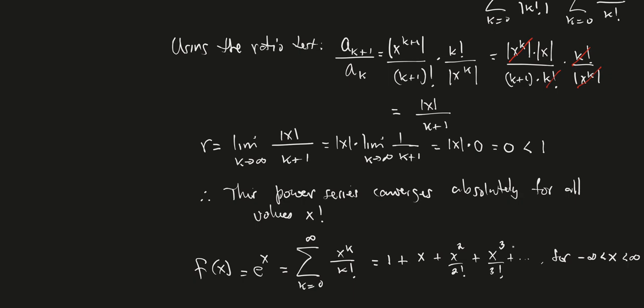So the interval of convergence for this power series is infinite. That is pretty mind-blowing, that our simple little function, e to the x, now has a power series form that represents e to the x for all values of x.